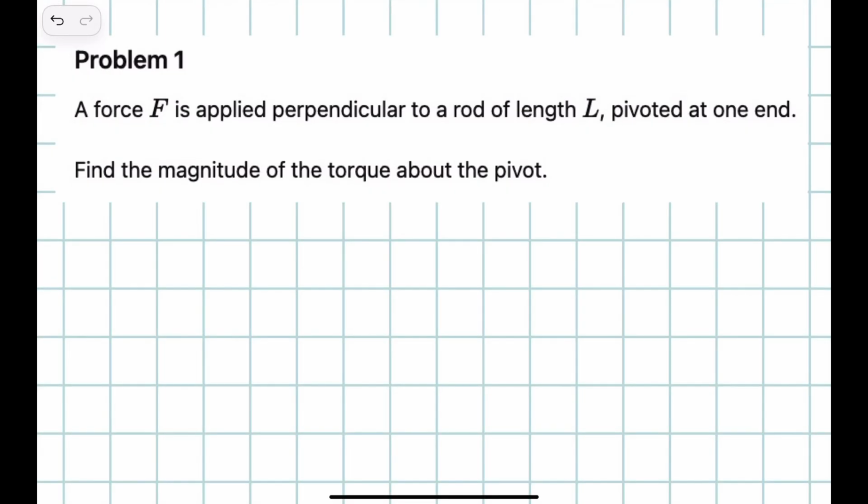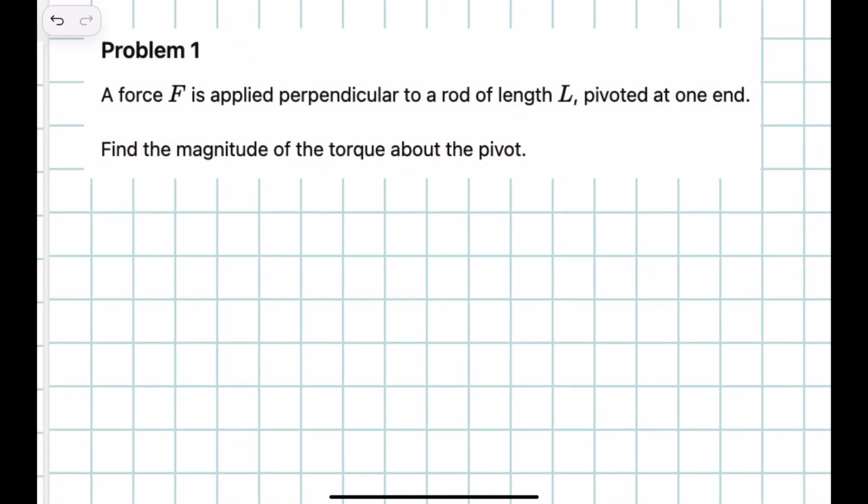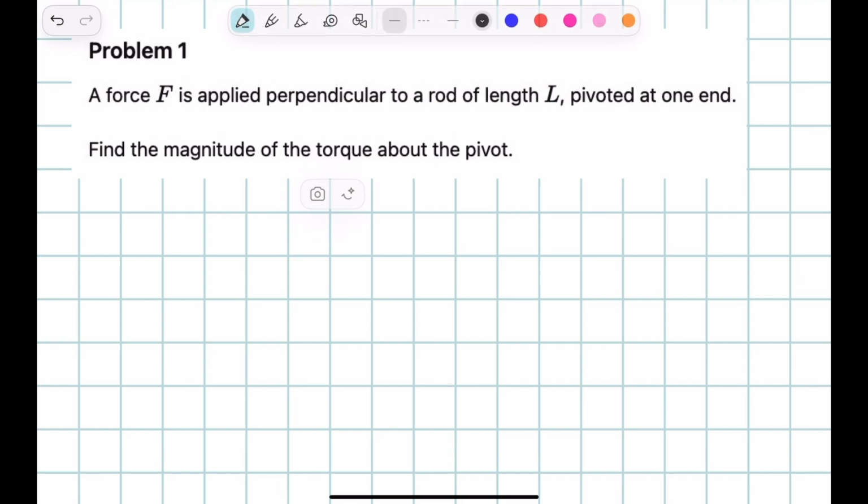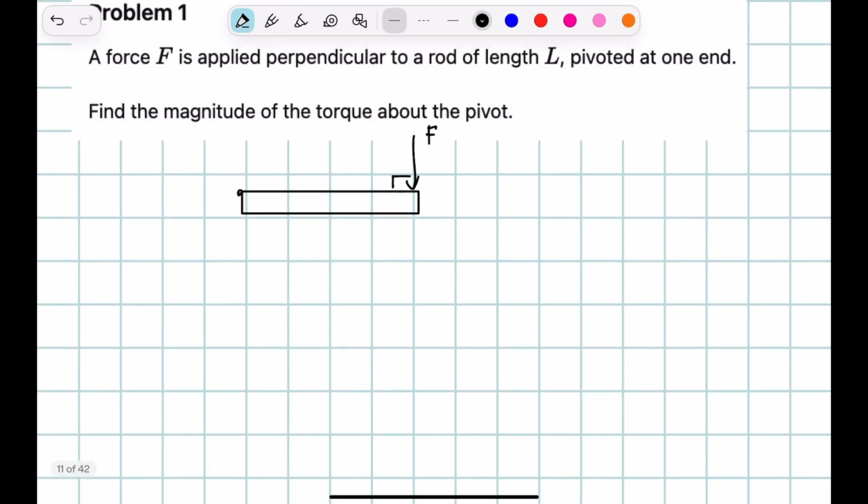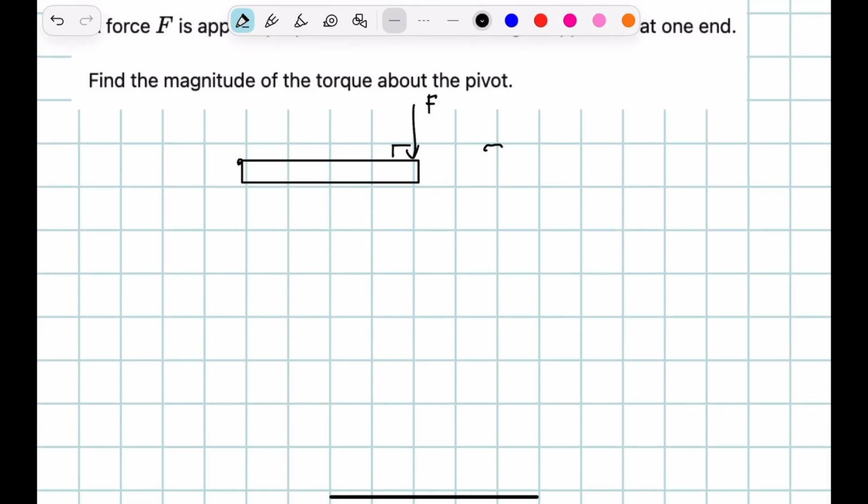A force F is applied perpendicular to a rod of length L pivoted at one end. Find the magnitude of torque about the pivot. So here's the pivot, and it's applied perpendicular to here. So that's F. We know that tau is equal to R times F sine of theta.